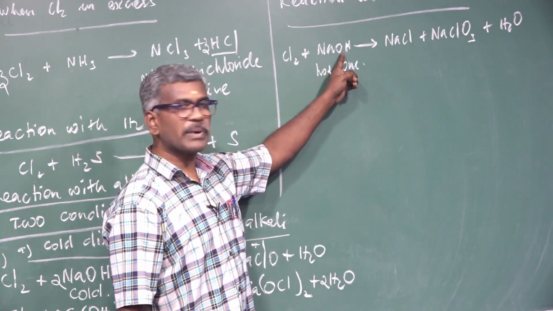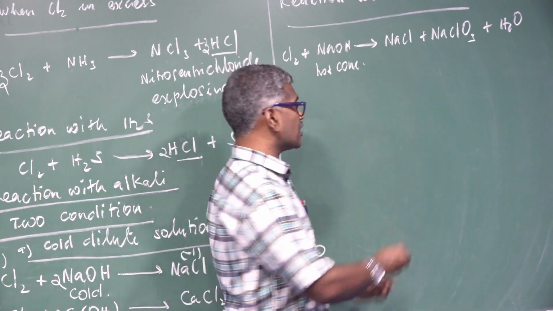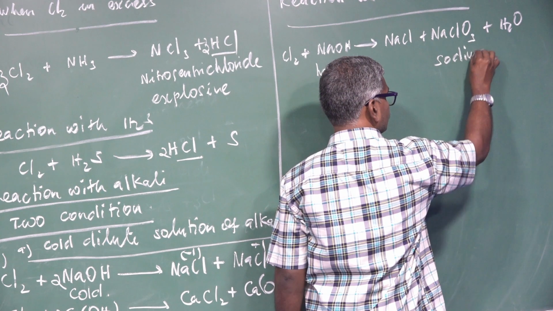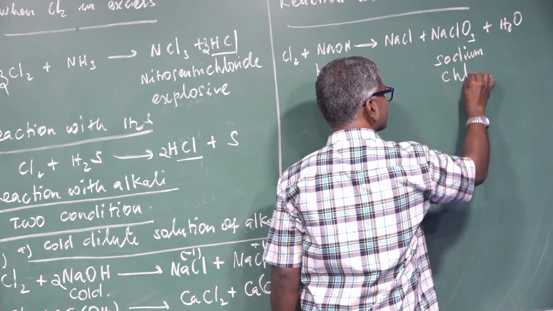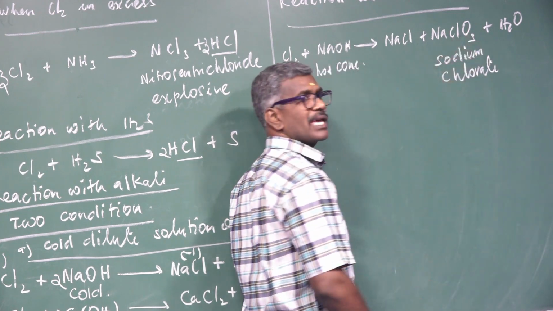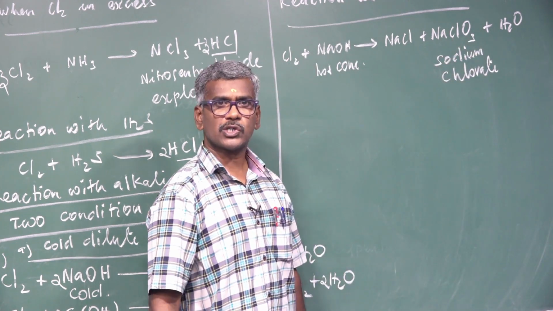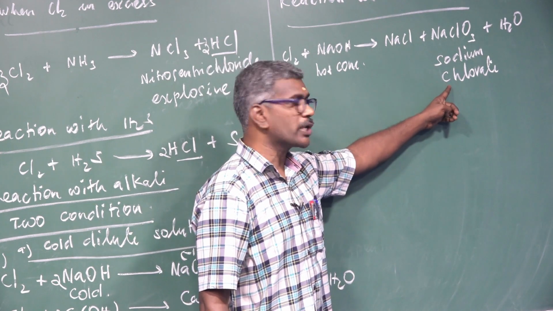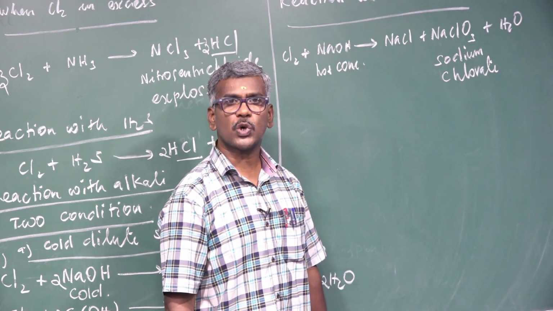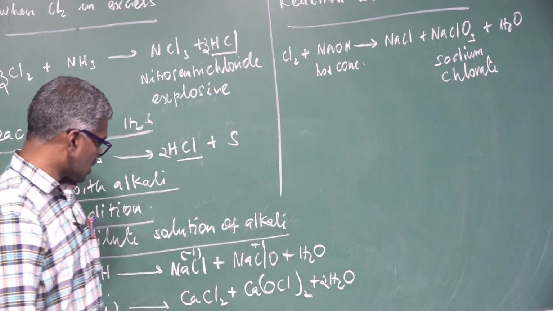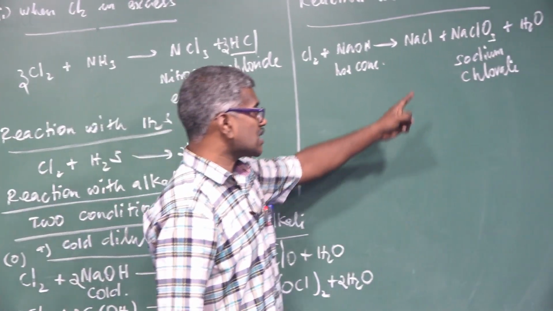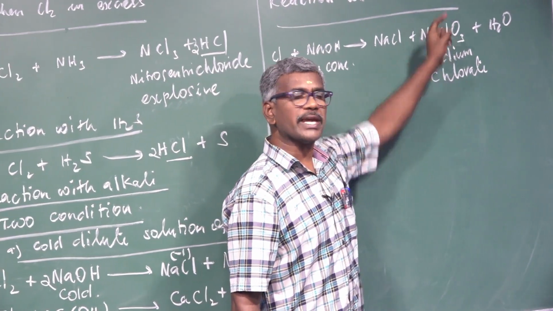Chlorine, sodium hydroxide, sodium chloride, and this one sodium chlorate, formula NaClO3. One more question may be asked: what is the formula for sodium chlorate? Another question may be asked: what is the formula for sodium hypochlorite? This one is an example of sodium hypochlorite, this one sodium chlorate.